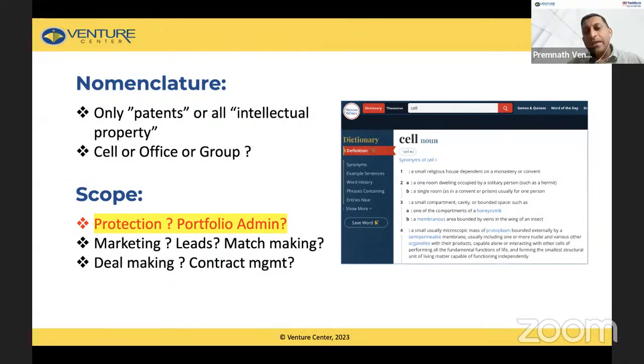Suppose you have 20 patents, somebody has to manage that portfolio effectively. And that is a task in itself, and ensure that protection is adequate, and many other things which I'll tell you are part of the patent cell or intellectual property office are important to take care of. And that focus also requires certain kind of people who are specialized in this activity in terms of just intellectual property.